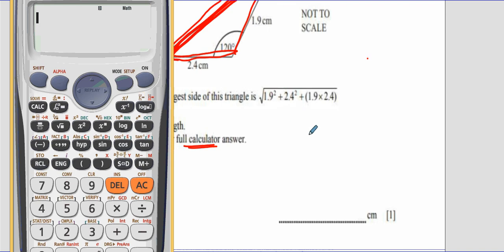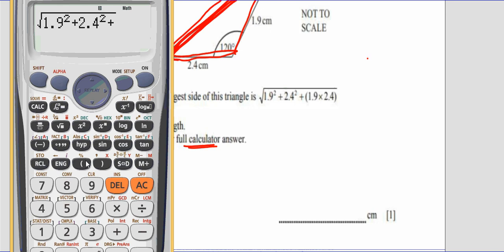But the problem is with some other calculators which you have, you need to use brackets. I will show you how. But with my calculator, I simply type everything there. 1.9 squared plus 2.4 squared.